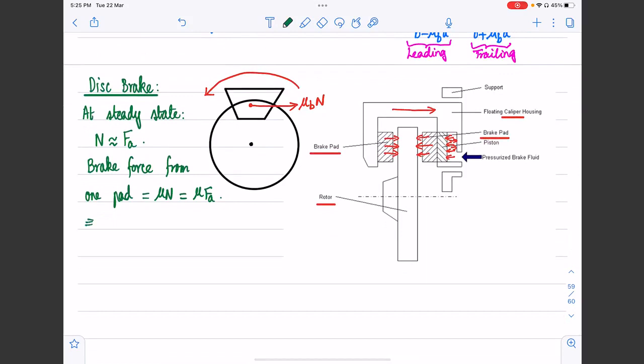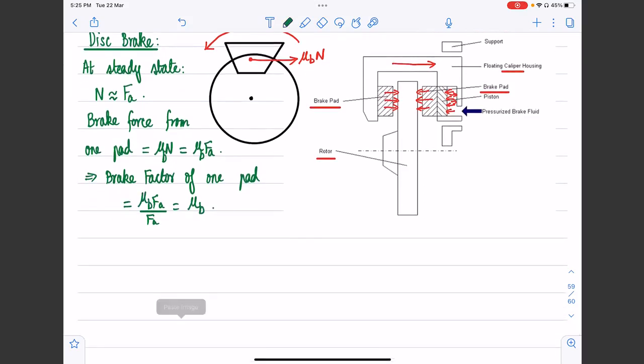So consequently, the brake factor of one shoe or one pad is going to be the following: mu times F_A, which is the output, divided by the input, which is F_A itself. Or sorry, we are calling it mu_B. Sorry about that. So please put the subscript B to indicate that we are dealing with the brake friction coefficient of the brake lining. So this is approximately equal to mu_B. Okay, so that is the brake factor of one pad.